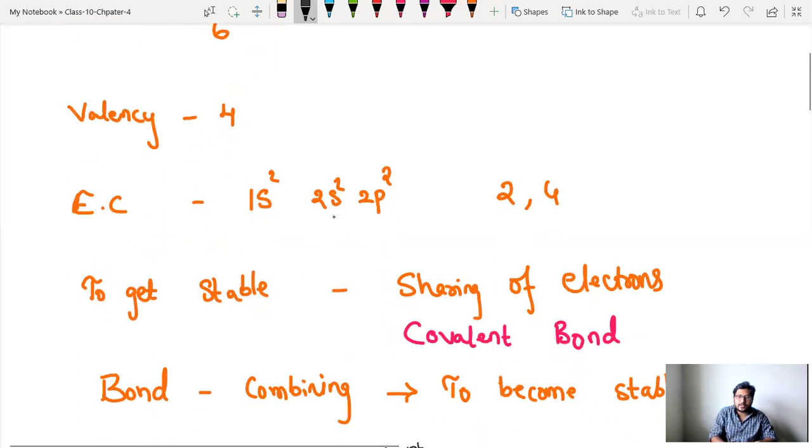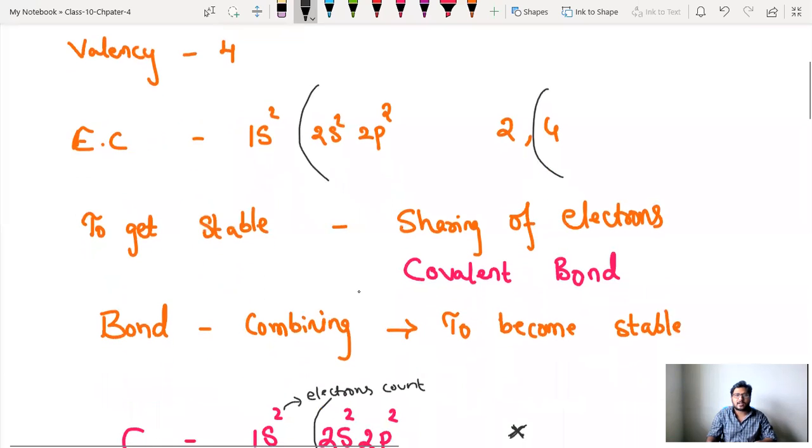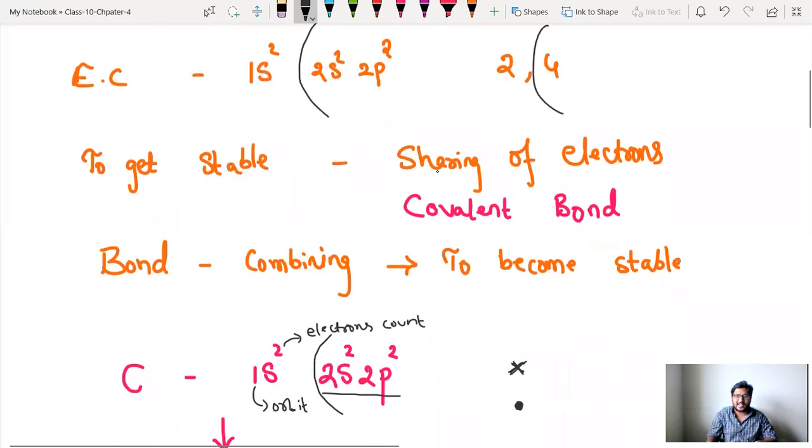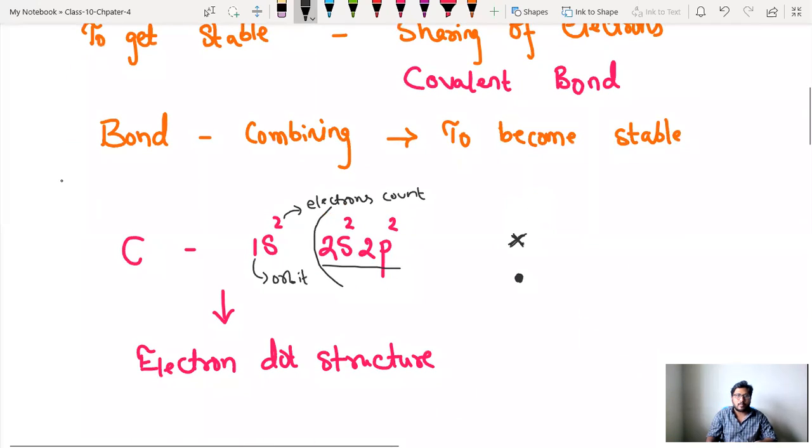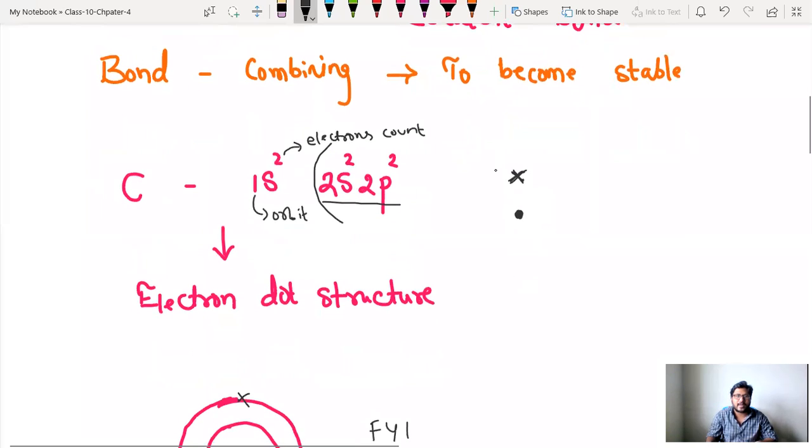Electronic configuration 1s2, 2s2, 2p2. The outermost orbit has 4 electrons. Still it needs 4 electrons to get stable, so it will share electrons. That bond is known as a covalent bond. Bond is nothing but combining of electrons to become stable.